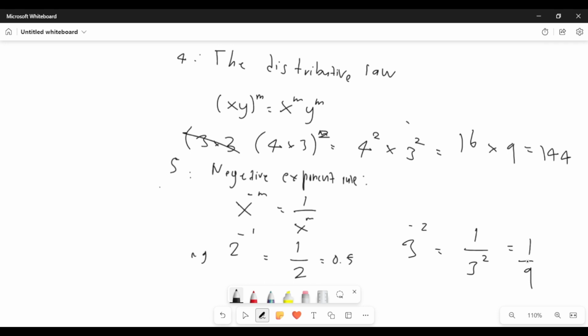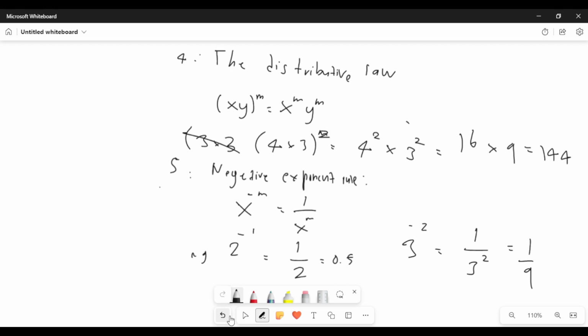You can try using the calculator. 3 raised to the negative 2 is equal to 1 over 9, also known as 0.1111 repeated.